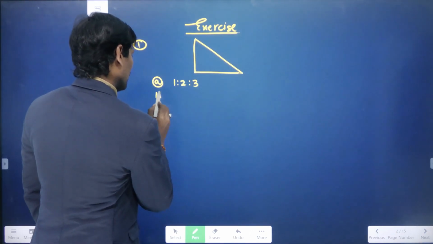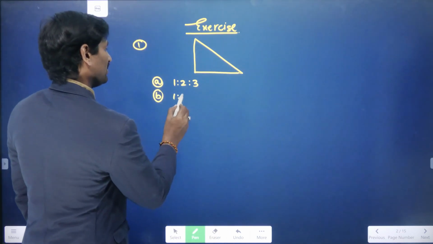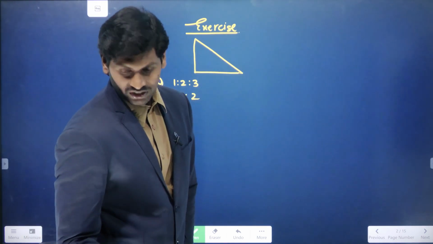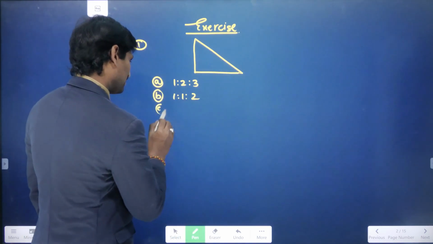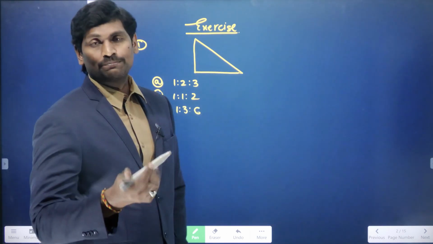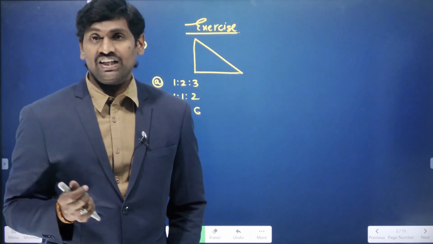The second option is 1:1:2. And the third option is 1:3:6. The fourth option is none.